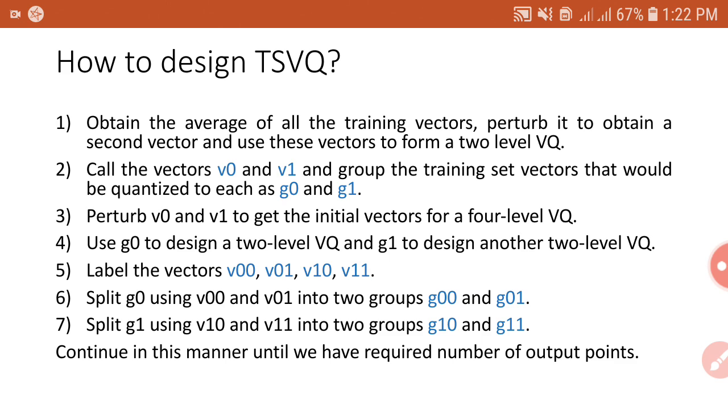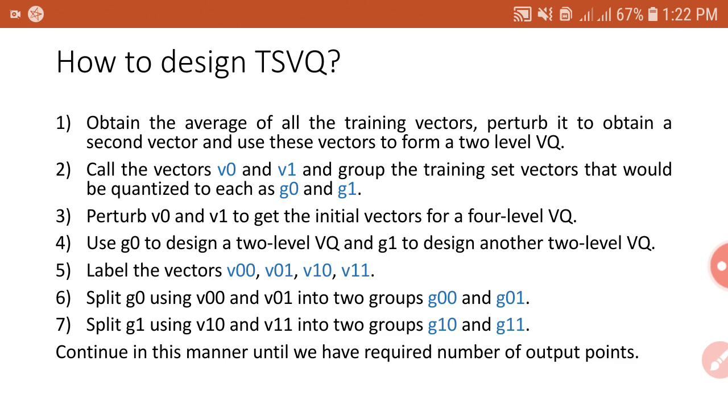Now you have two groups. The next step is to add the perturbation vector to the code vectors V0 and V1 to get two new code vectors each. So there will be four initial vectors for a four-level vector quantizer. So now you have four code vectors.